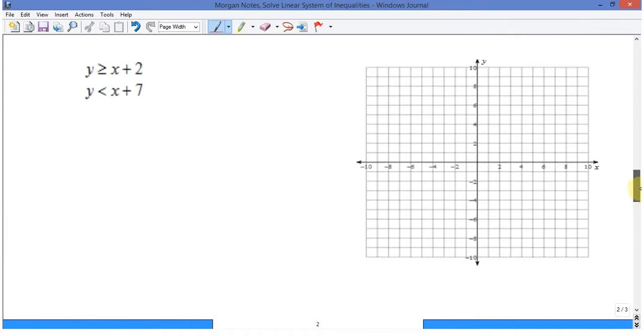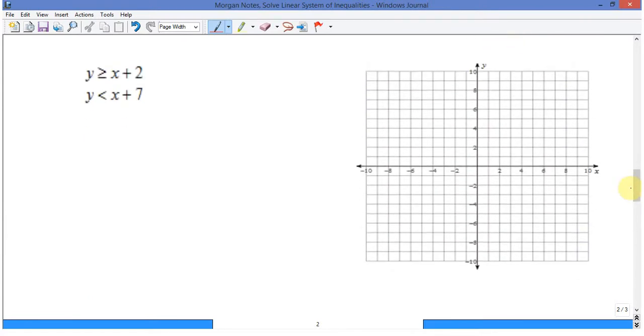Let's do another example. These are in slope-intercept form. So let's graph the first one. We have a y-intercept of 2 and a slope of 1. The coefficient in front of the x is 1, so up 1 over 1. It's going to be a solid line.